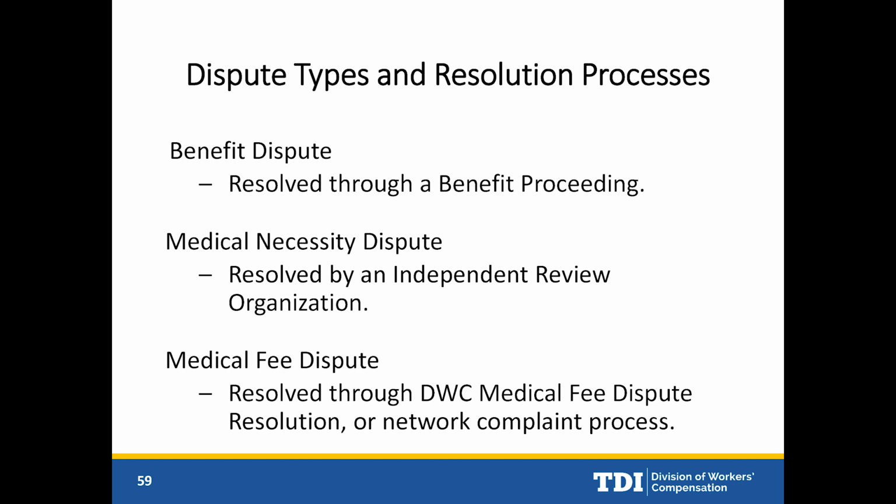Networks have nothing to do with the claim itself, whether it's compensable or not. It's between the insurance carrier and the injured employee, or the healthcare provider who's provided services to the injured employee and have been denied payment because the carrier says that the injury is not compensable. Medical necessity has to do with the healthcare that's being provided.